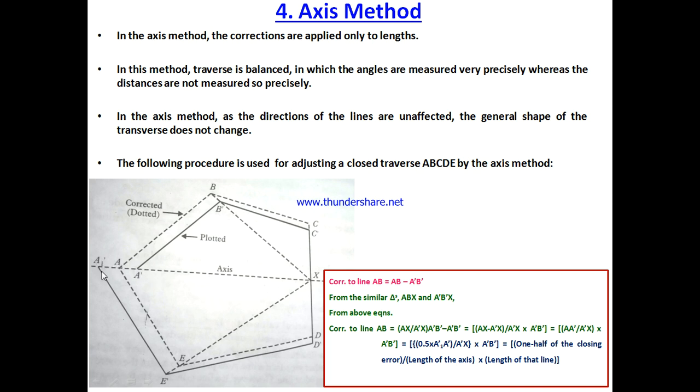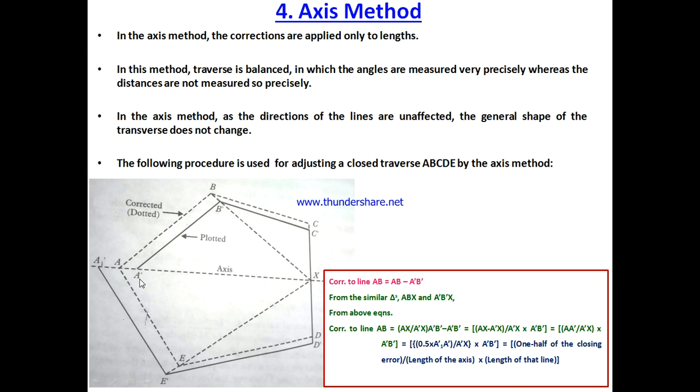So I need to deduct this error, or I can say I need to plot a traverse in such a way that this total error will be distributed in all the traverse lines, so that the final point gets closed.